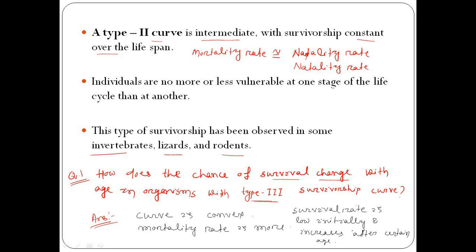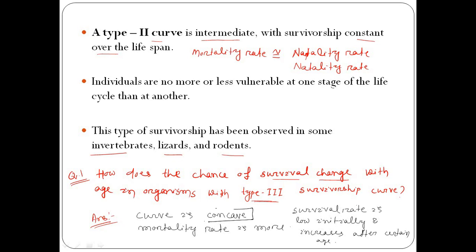That means the number of deaths during the larval stage or young stage is more than in other organisms, and this curve is concave. I'm extremely sorry, this is the concave one.